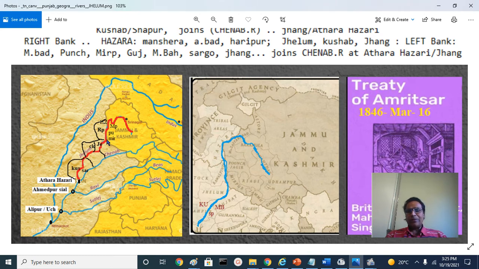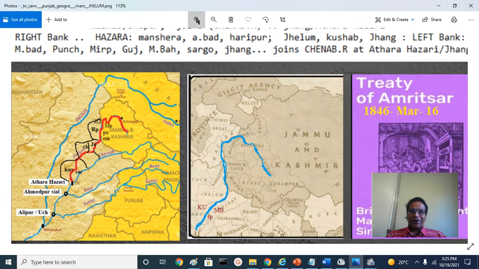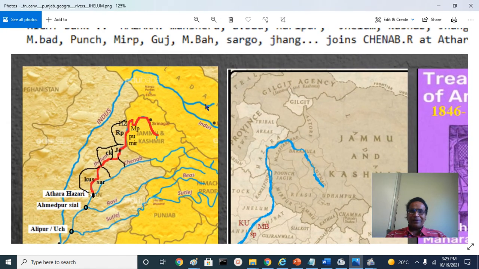It forms Mangla Reservoir, or now a Mirpur Reservoir, and this is the Potwar region, Pothohar region, that consists of Rawalpindi, Islamabad, Attock or Campbellpur, and JHELUM district and Chakwal district and Attock district.